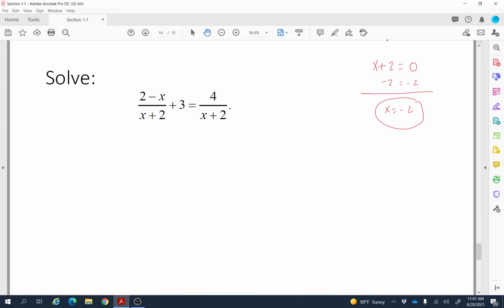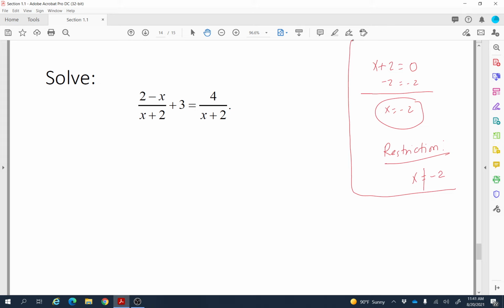So our restriction is that x should not be equal to negative 2. That is the only restriction we have for this equation. Always keep in mind, if you are solving a rational equation, you need to find the restriction first.